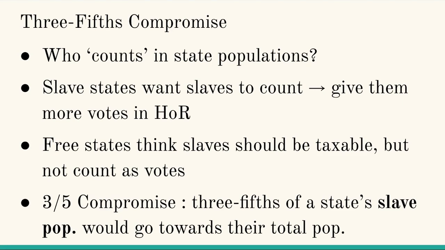Depending on what the number was, you might get 1 to 2 extra votes, unless you had a really giant slave population, then it might be more than 2 votes. But you have to do that little bit of math to figure out what exactly that three-fifths meant.